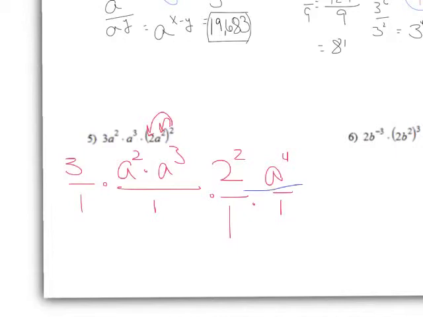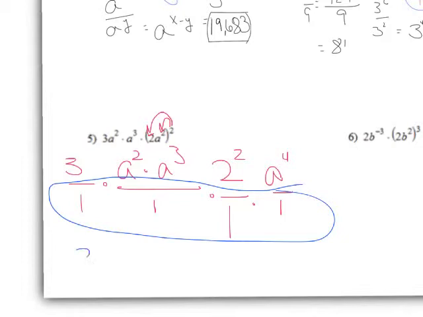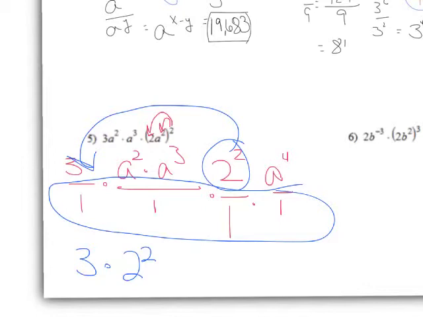Since everything's over 1 currently, and we don't have any negative exponents, I don't need to have them as fractions. So I'll have 3 times 2 squared, because I want to move that to the front, times a squared times a cubed times a to the 4th.